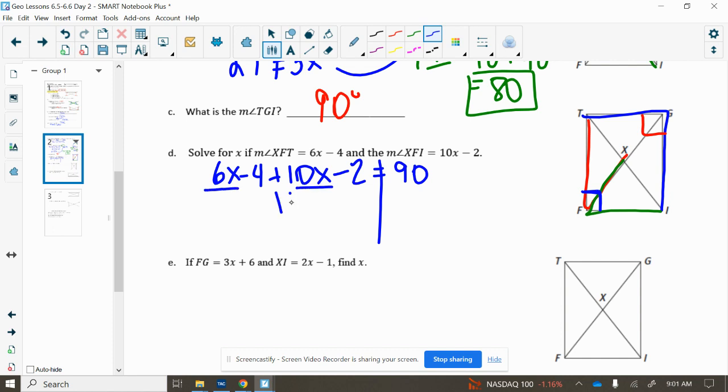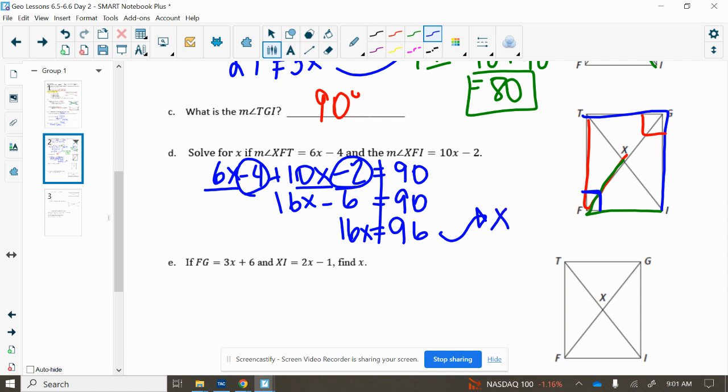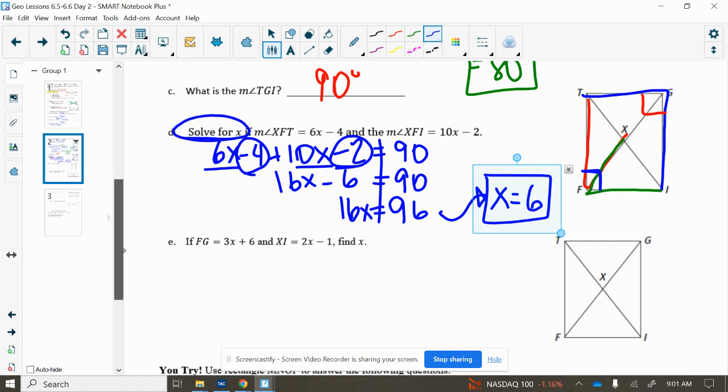Well, 6x plus 10x is 16x. Negative 4 minus 2 more is negative 6. Add the 6 to both sides, we get 16x equals 96. And then when we divide 96 by 16, we get our answer to be 6. And again, we're just solving for x.